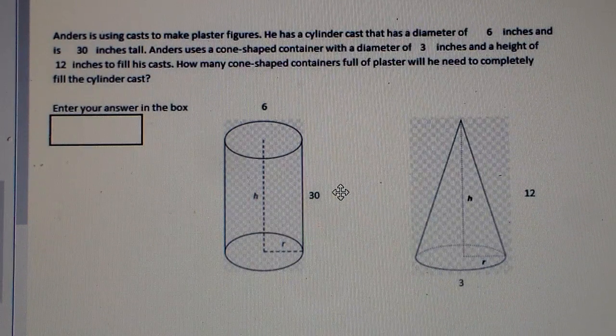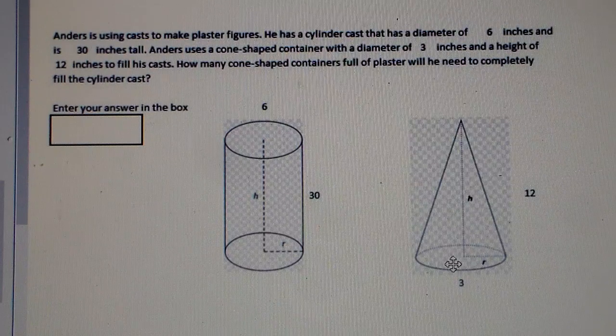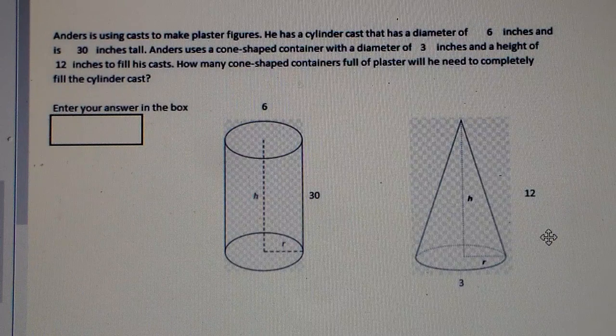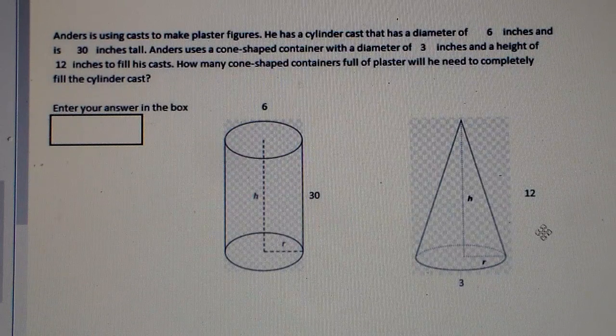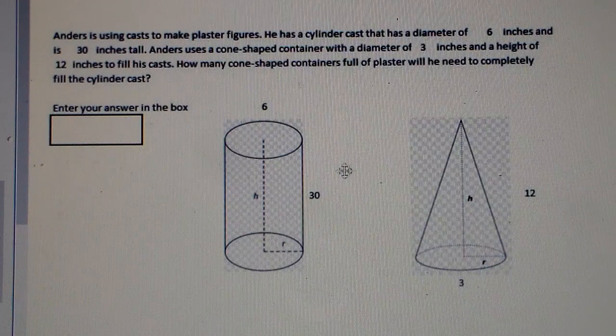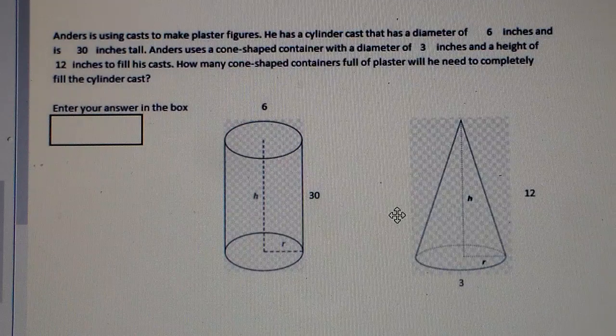Anders uses a cone-shaped container over here with a diameter of 3 inches and a height of 12 inches to fill his cast. How many cone-shaped containers full of plaster will he need to completely fill the cylinder cast? So how many little cones go into the big cylinder?